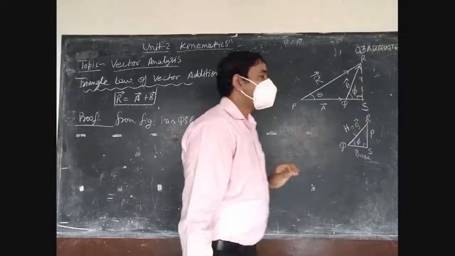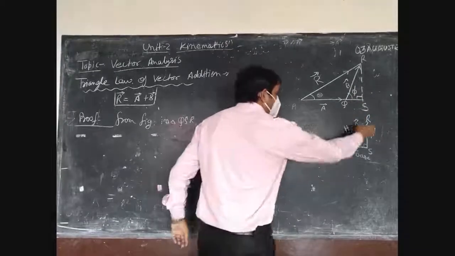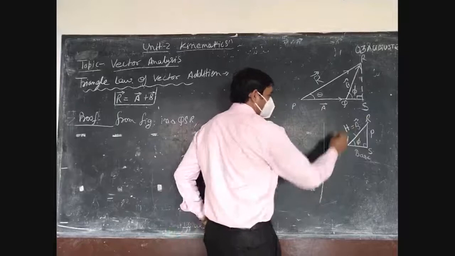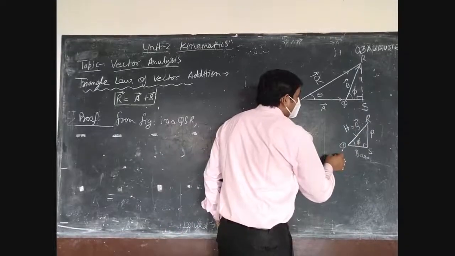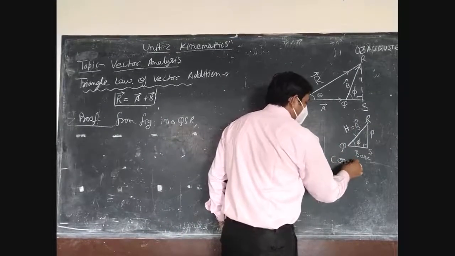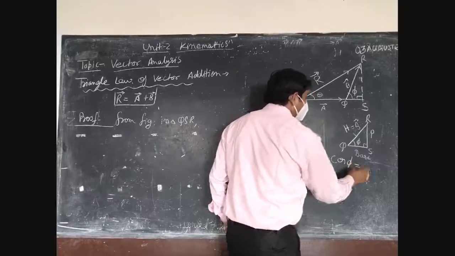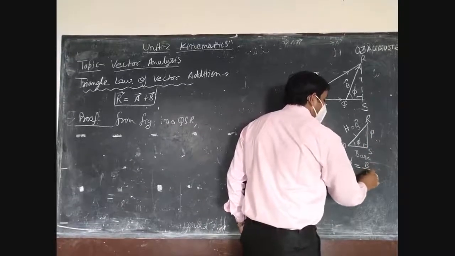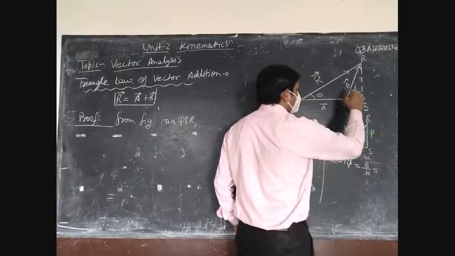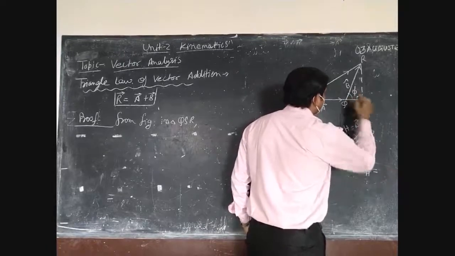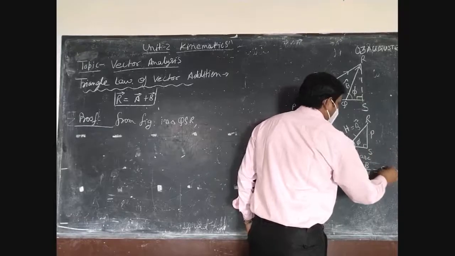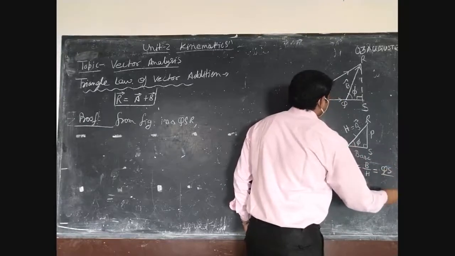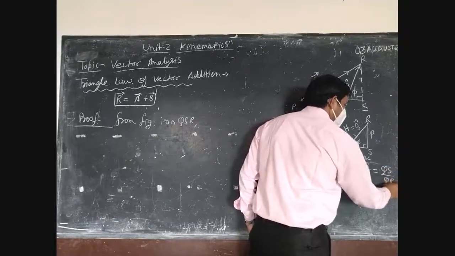So we have the hypotenuse and we need to calculate the value of the perpendicular and the value of the base. And you know the trigonometric ratio in this triangle, that cos phi is equal to base upon hypotenuse, which you have here as QS upon QR.